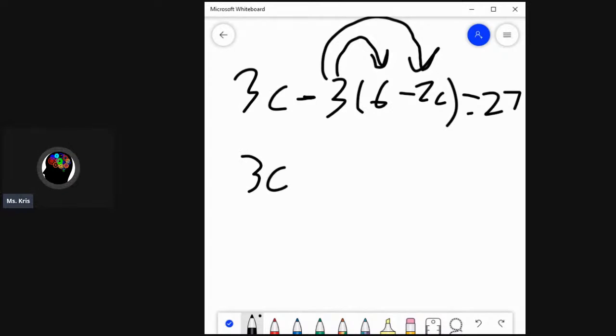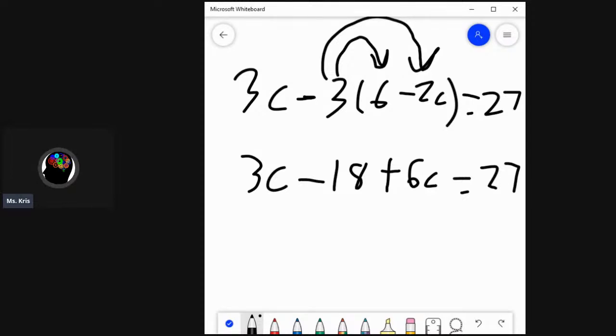Next, I am going to multiply my -3 to my +6, which is a -18. And then I'm going to multiply my -3 to my -2c, and that's going to give me a +6c. And all of that equals 27.